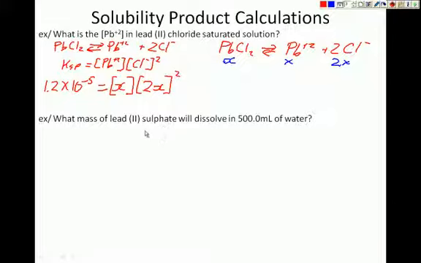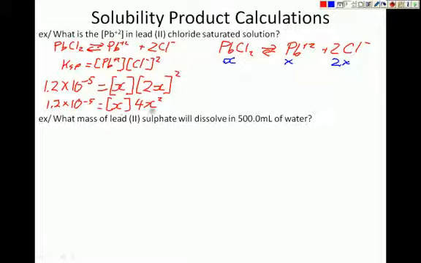Or in other words, it's going to be 1.2 times 10 to the minus 5 equals x. Now 2x times another 2x is going to be 4x squared.